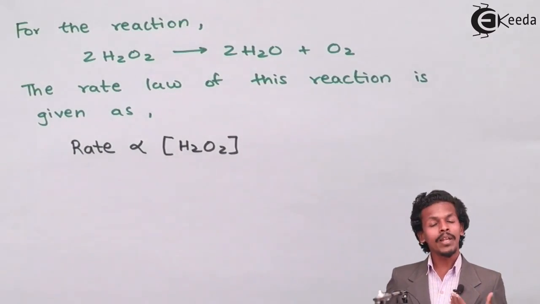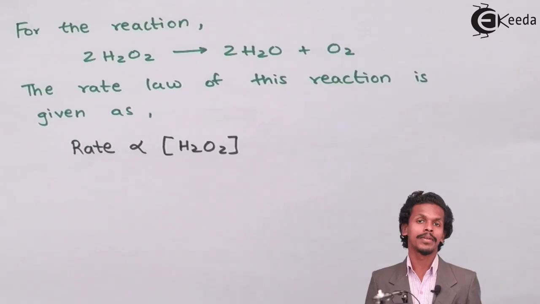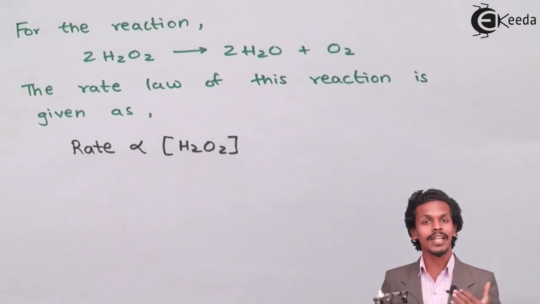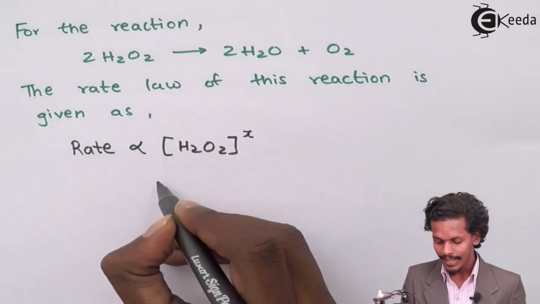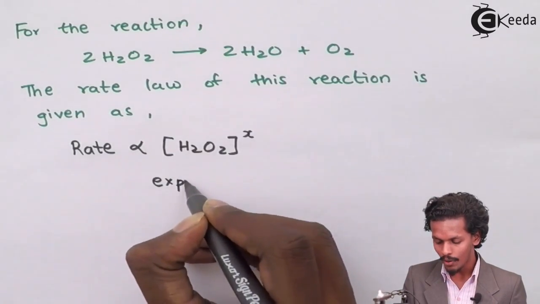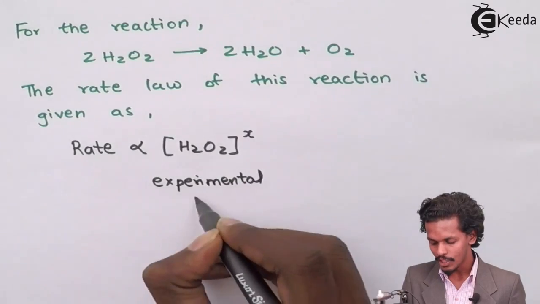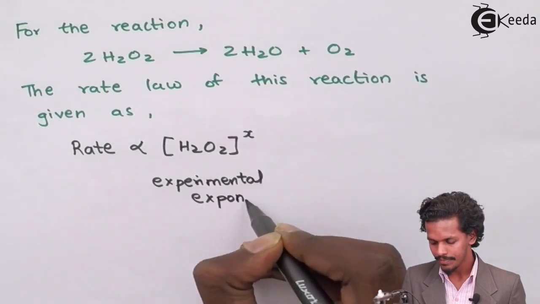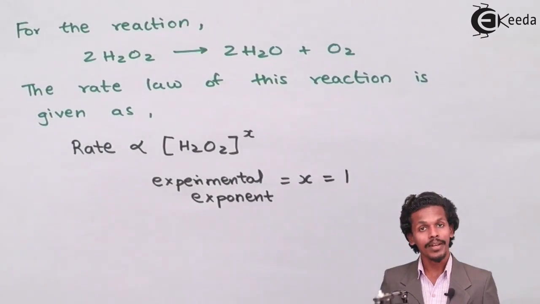It has been found that the concentration of H2O2 has an experimental value, that is, it should be raised to x. And in this case, the experimental exponent x is equal to 1.